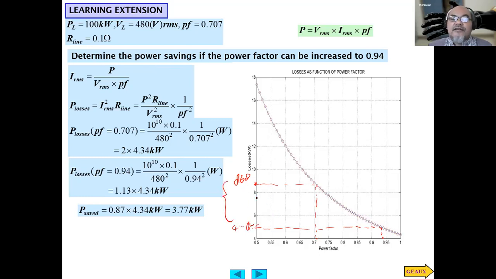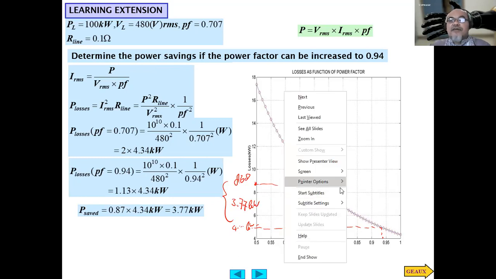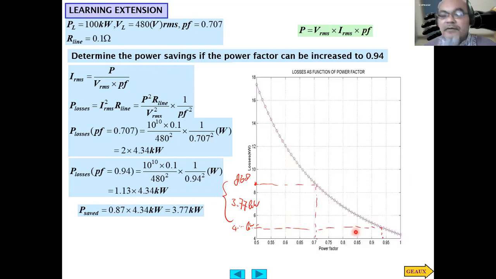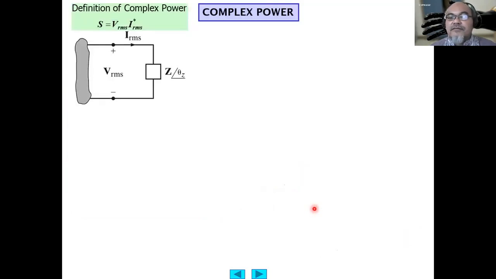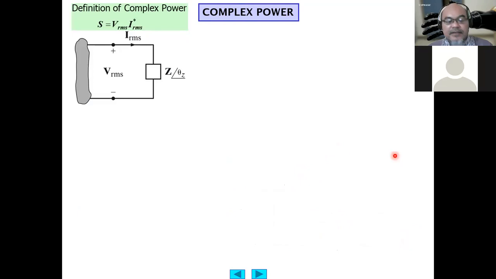So here the saved power is 3.77 kilowatt. Okay, so this is the benefit of increasing the power factor as near to 1 as possible, to save power.